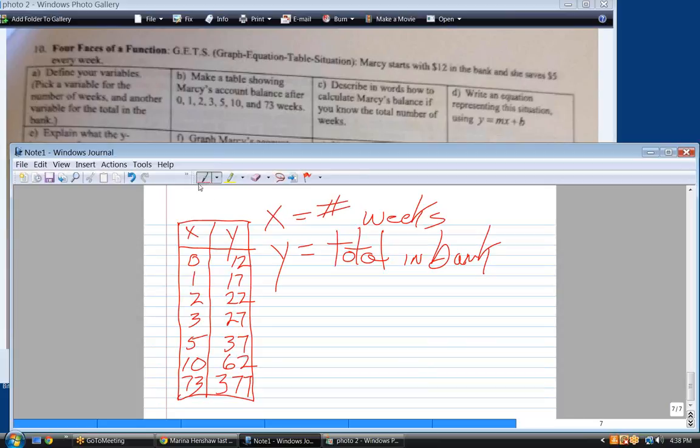All right. D: describe in words how to calculate Marcy's balance if you know the total number of weeks. So let's describe it in words. Y is equal to what?